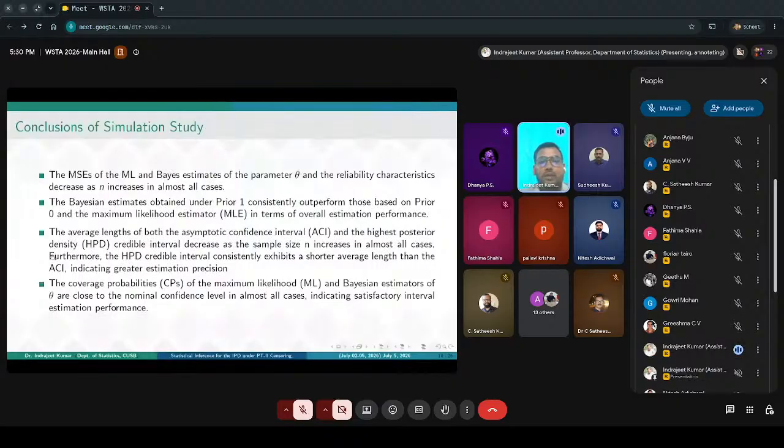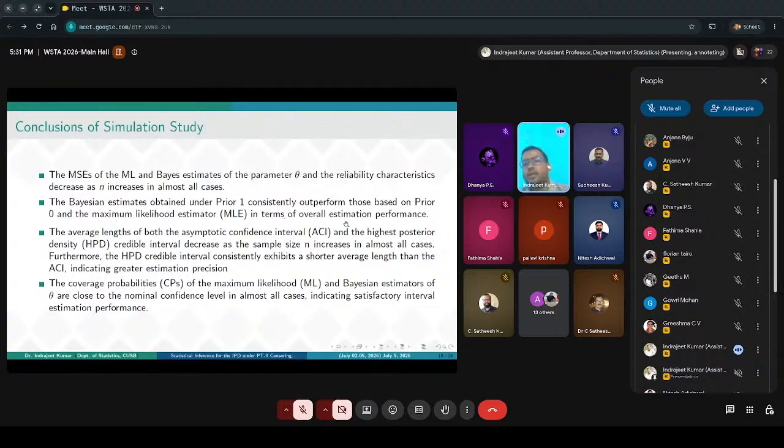and from the table we observed that the MSEs of the ML and Bayes estimates of the parameters and reliability characteristics decrease as n increases in almost all cases. It is also observed that the Bayes estimates obtained under prior one consistently outperform those based on prior zero and the maximum likelihood estimates.